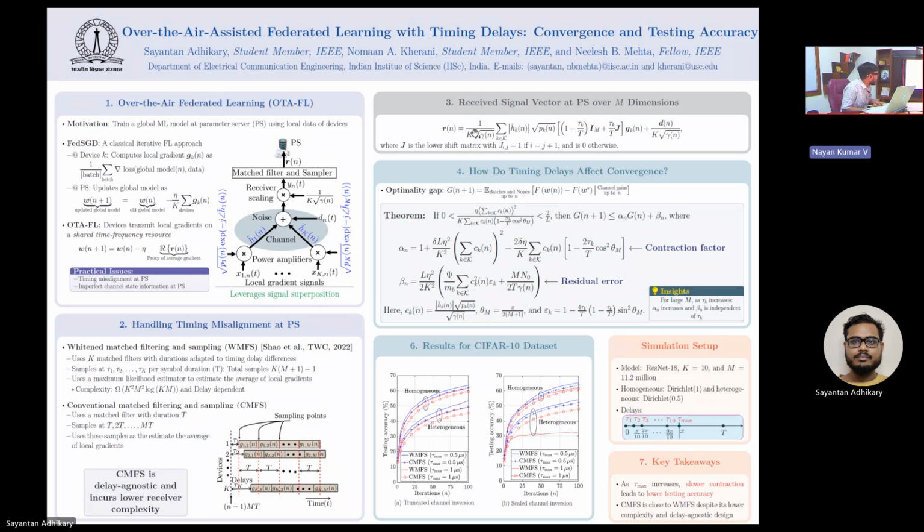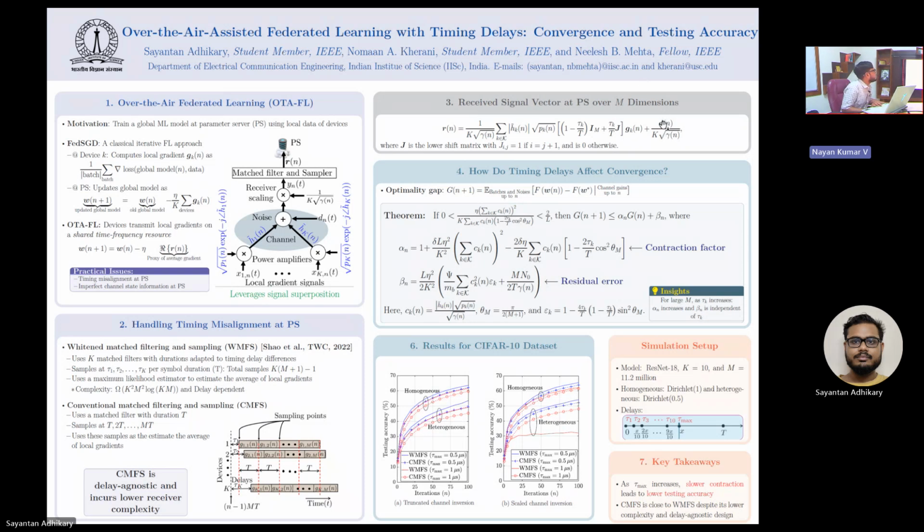It has a scaling at the receiver, then there is a sum over the channel gains, the transmit power of each of the individual devices, and there exists a matrix, (1 minus tau k by T) times the identity matrix, plus tau k by T times a lower-shift matrix J, multiplied by the local gradients, plus some scaled noise due to the receiver.